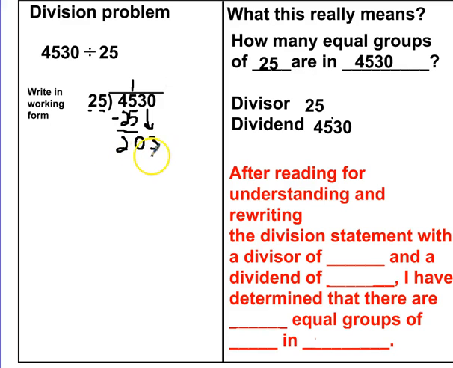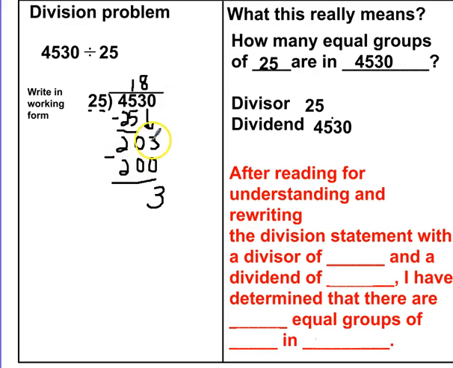If I have $2.03, how many quarters do I have? Well, I have 8. And if I have 8 quarters, I have $2. Okay, now I'm going to subtract. 3 subtract 0, that's 3.